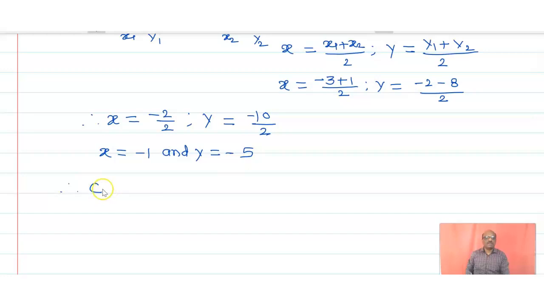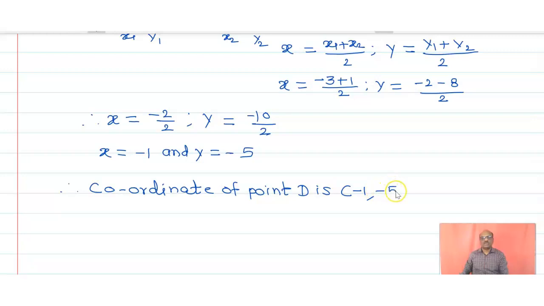Therefore, coordinate of point D is (-1, -5).